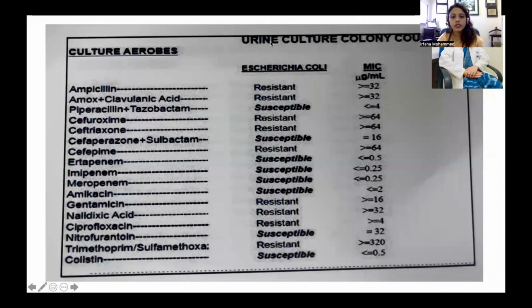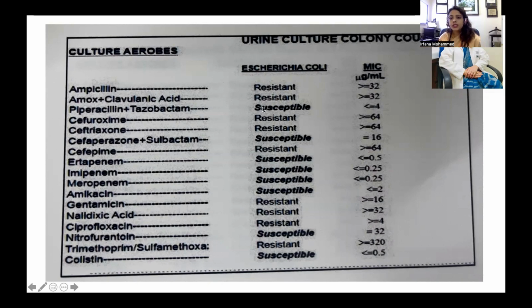So next we'll see this urine culture report. We have to identify which type of bug this is, whether this is ESBL, CRE, or CRO. Here you can see that this is resistant to ceftriaxone but sensitive to piperacillin tazobactam. This is how an ESBL report will look. So this is ESBL E. coli.